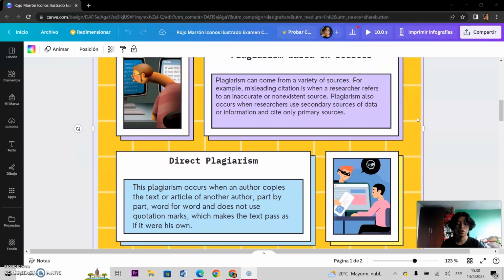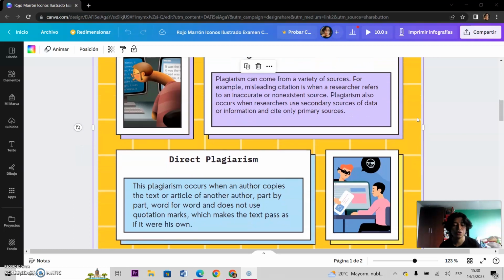Plagiarism also occurs when a researcher uses secondary sources of data or information and cites only primary sources. This means that fabrication and falsification of data are considered forms of plagiarism. For this reason, the consequences of this type of plagiarism can be severe.